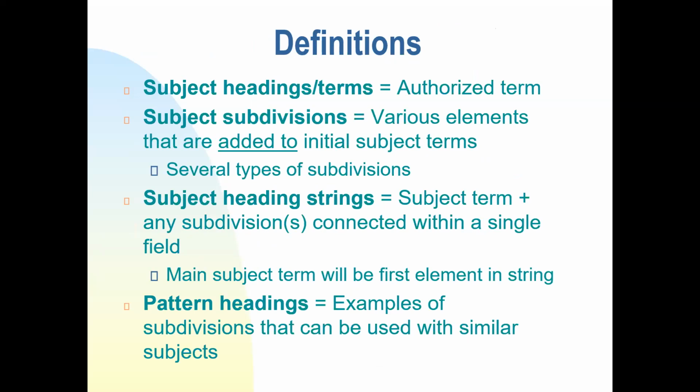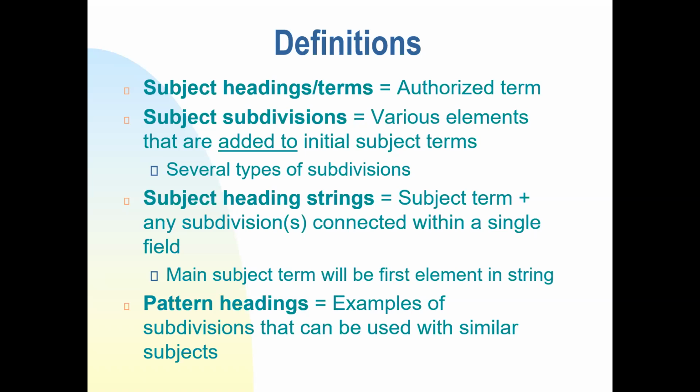These are some of the terms that we'll be talking about today. A subject heading or term is the authorized term that can be used in the bib record. Subject subdivisions are various elements that are added to the initial subject terms, like we saw in the slide for France when we saw pictorial works and history and all of those subdivisions after it.